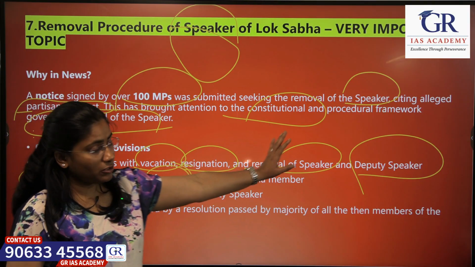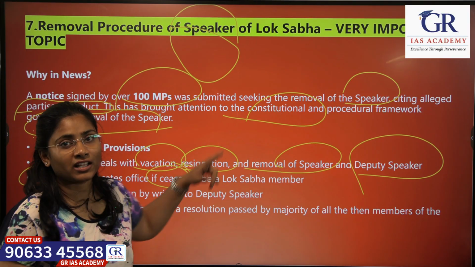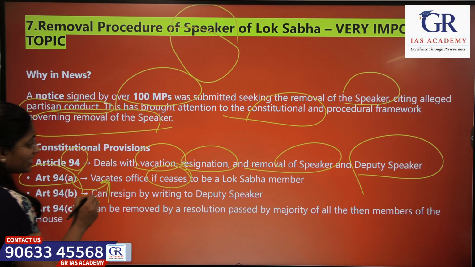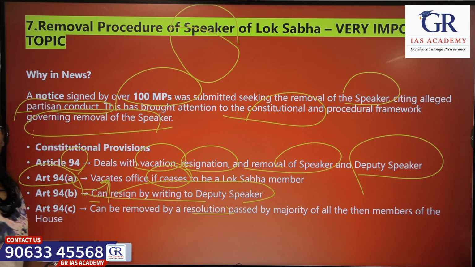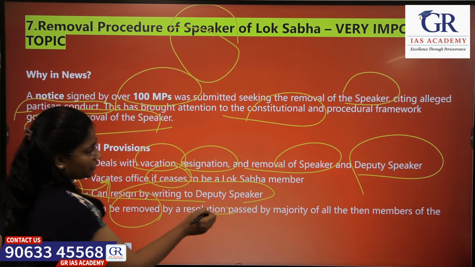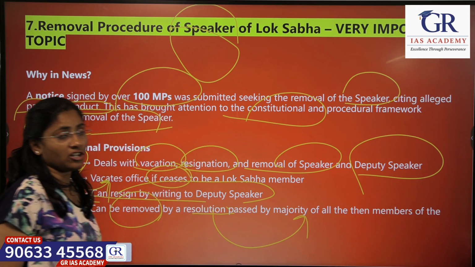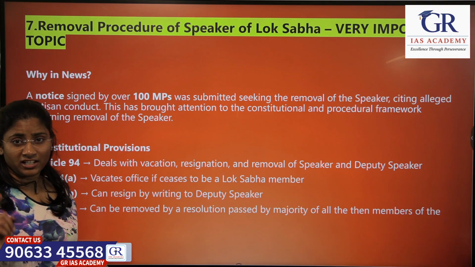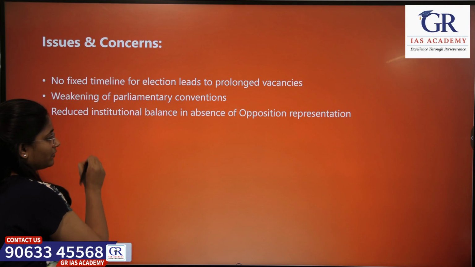That means if he loses his seat in Lok Sabha, then he cannot be a speaker, and he can resign by writing to the deputy speaker, or he can be removed by a resolution passed by a majority of all the members of the house.